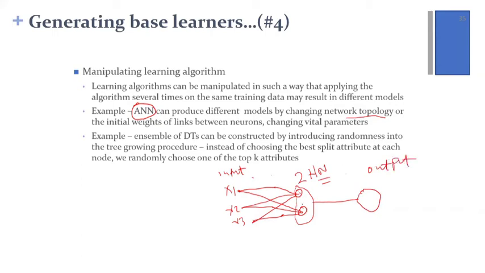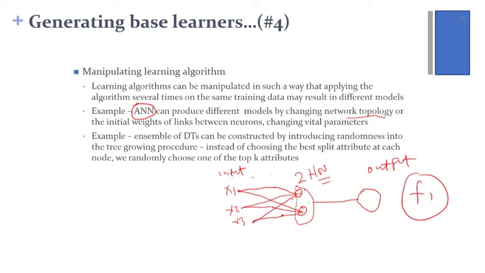So in the hidden layer here, I have 2 hidden neurons. I might decide to change it to 3. When I build the first model, this is called manipulating the learning algorithm. The first model I'm building is called F1. This is my first model, model F1. I'm using only 2 hidden neurons.